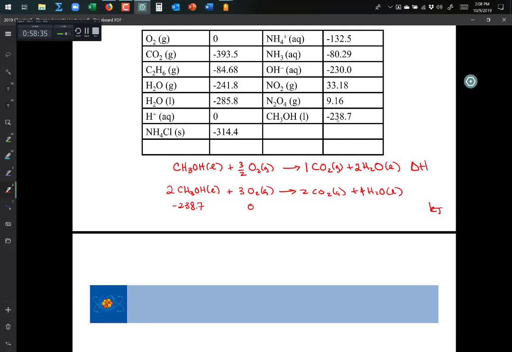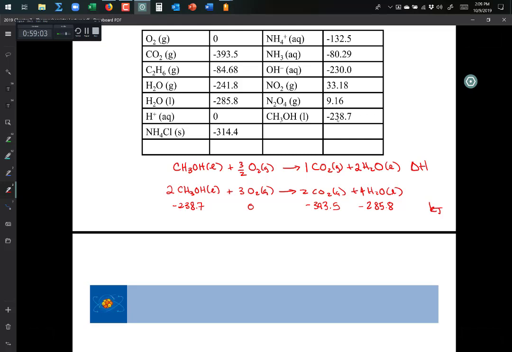For CO2 gas, what is it? Yeah, minus 393.5. And for water in the liquid state, that's 285.8 negative.